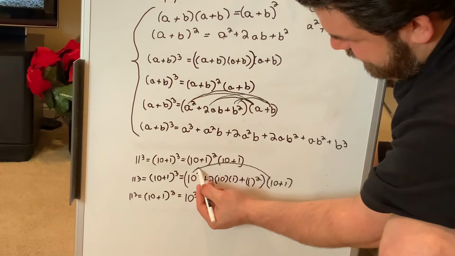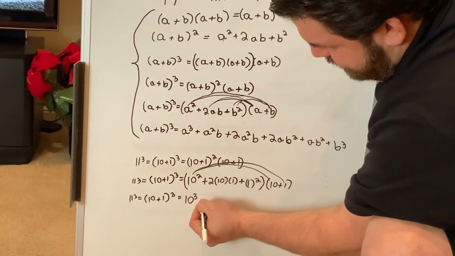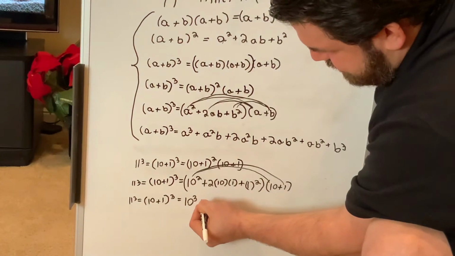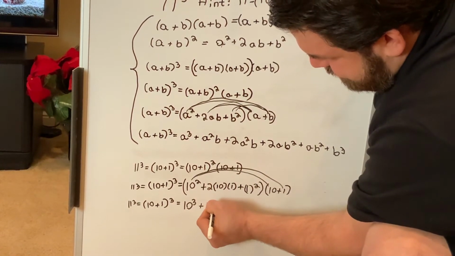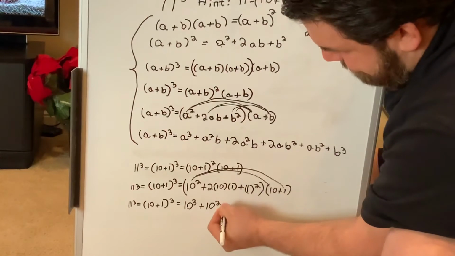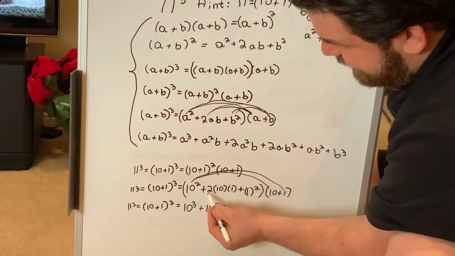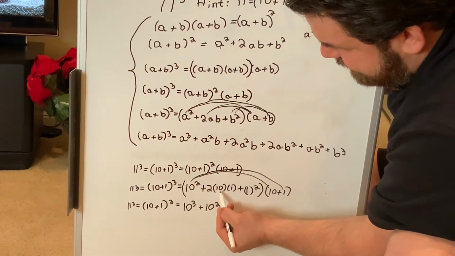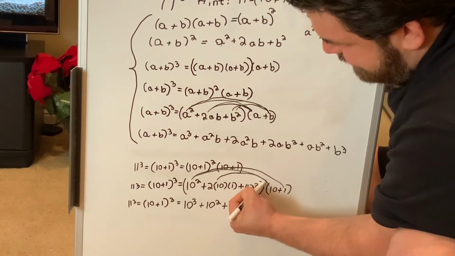Now how about this one? I'm going to do 10 squared times 1. Well, that's just 10 squared. So 10 cubed plus 10 squared, plus. Well, now it's time to take this 2 times 10 times 1 and multiply it times this first term.